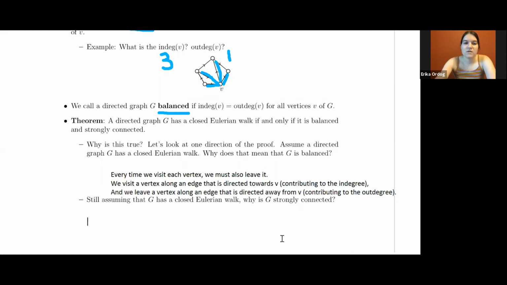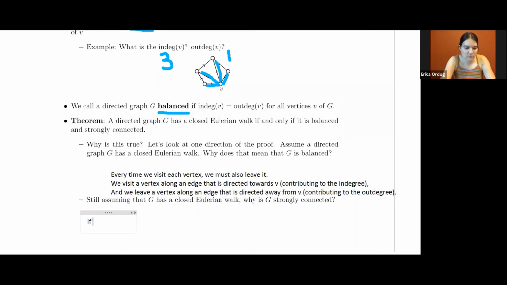Okay, so again, by the same thinking as in the last question, we have to visit each vertex in an Eulerian walk, and it's closed, so it loops around. So if we pick any vertex V, we visit it in the Eulerian walk, and if we follow along that closed Eulerian walk, we can get to any other vertex because they're all included in the walk.